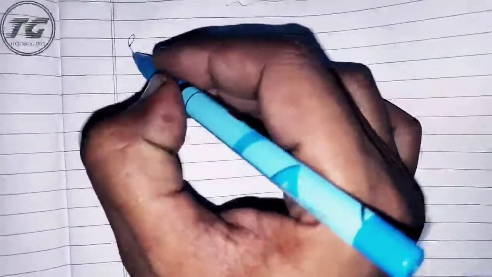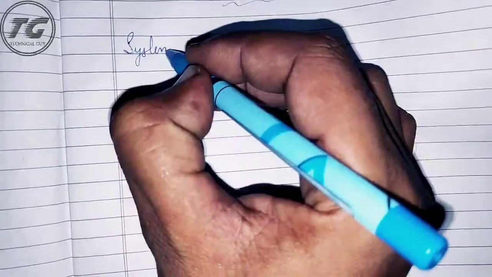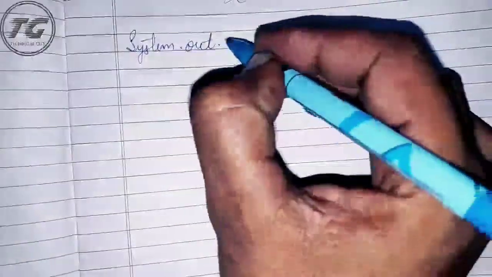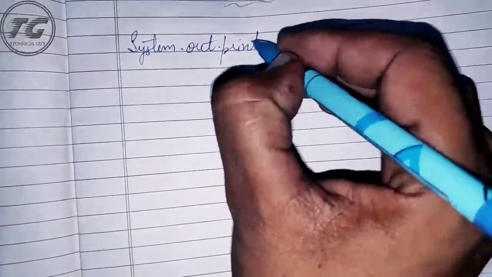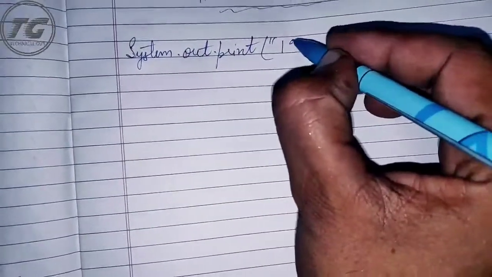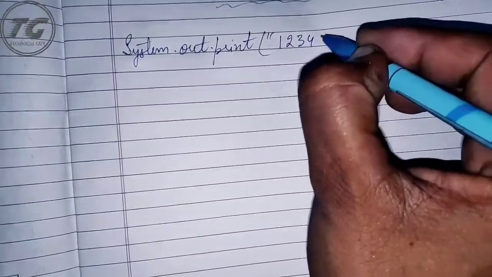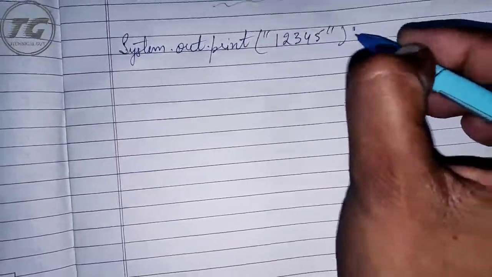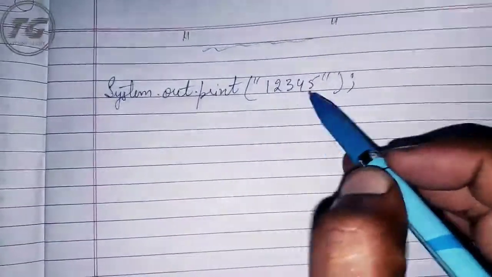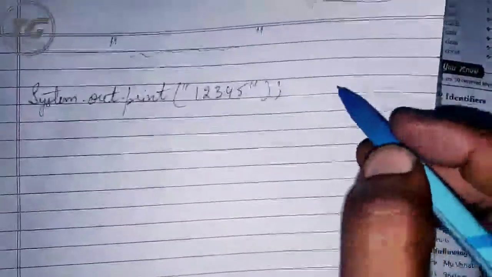Now suppose there is a line, System.out.print, and here I have printed 1 2 3 4 5 within the double quotes. Because this text is within the double quotes, it is a string.